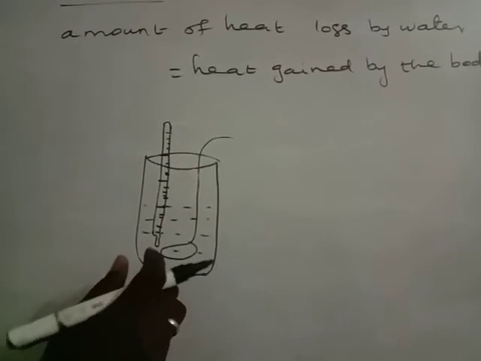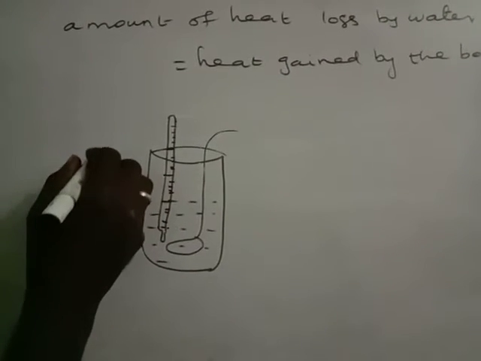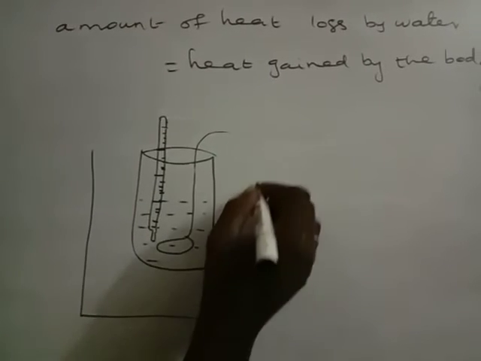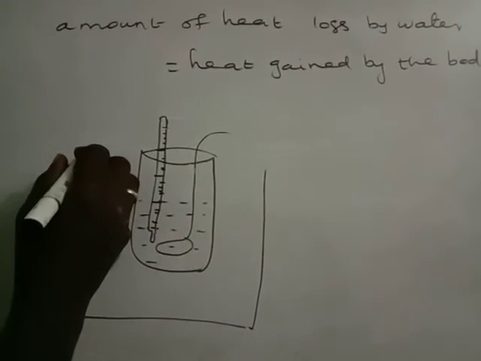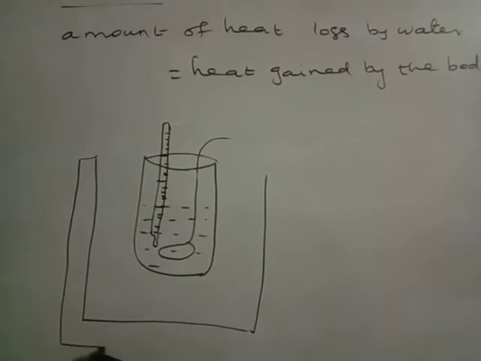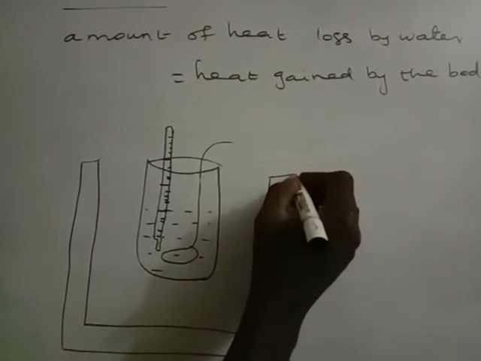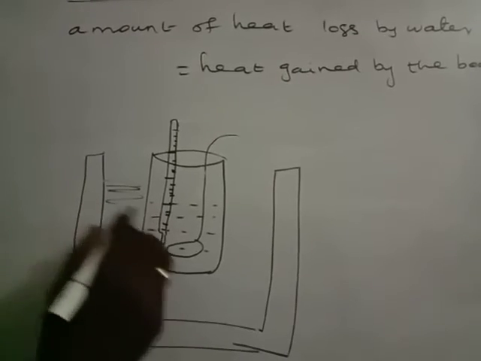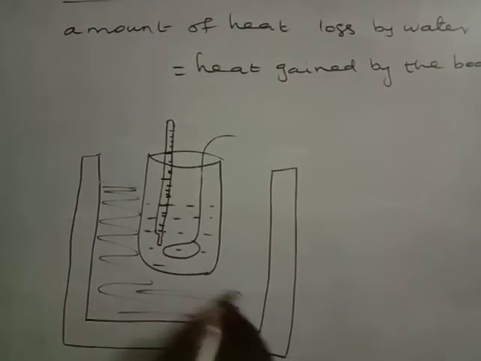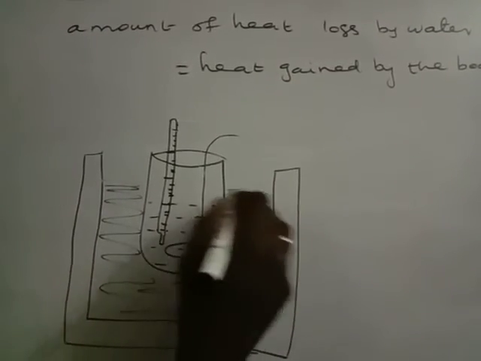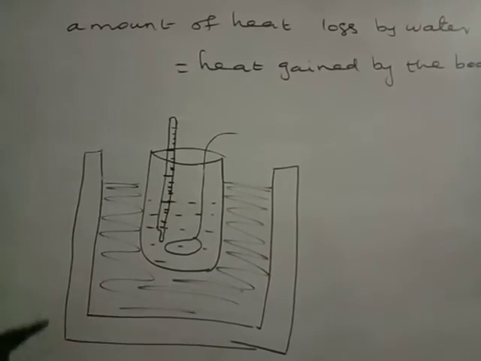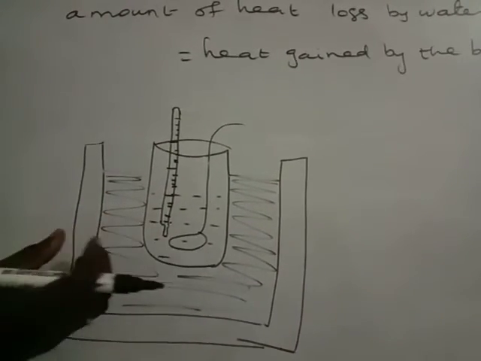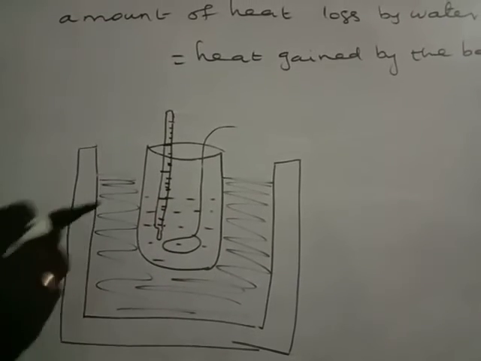Okay, so the copper vessel is placed inside the wooden box. Wood is an insulator used to reduce the loss of heat, and it is enclosed by woolen cloth. So a copper vessel containing hot water is placed inside the wooden box surrounded by the woolen cloth.